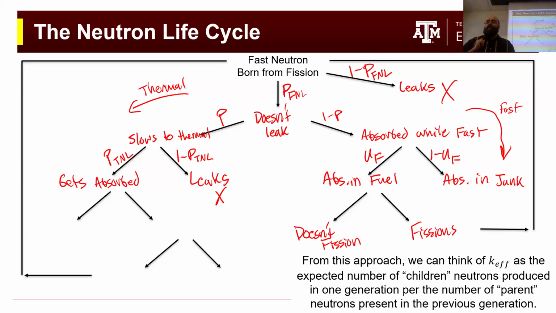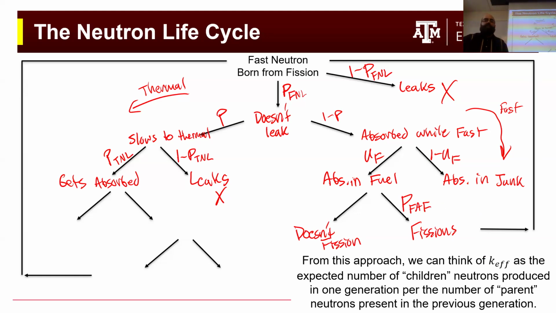And if we cause a fission while absorbed in the fuel and fast, what was that probability? Perfect. Yeah, this is going to be PFAF. And this is the fast branch.